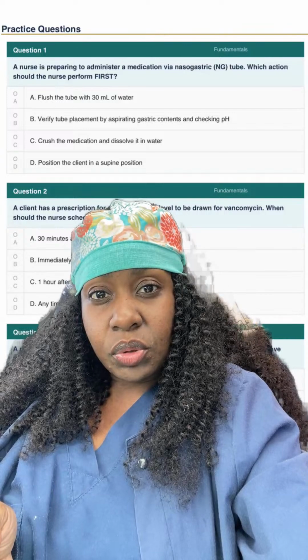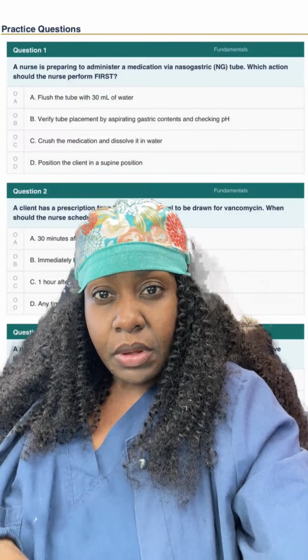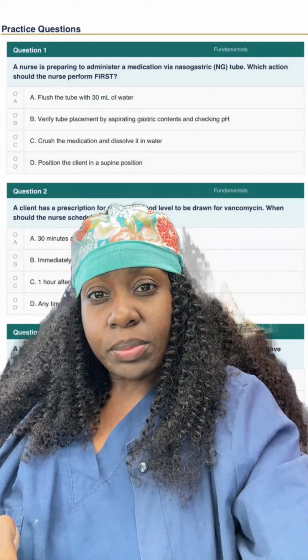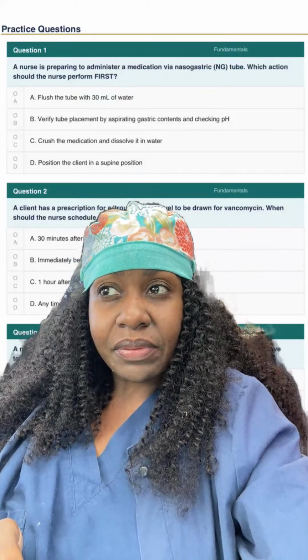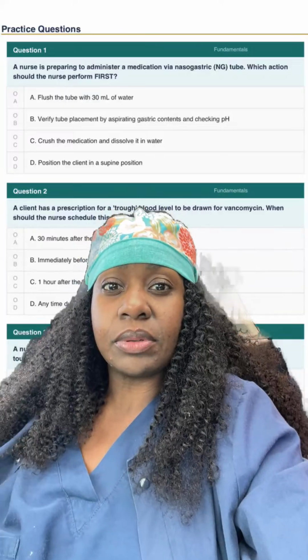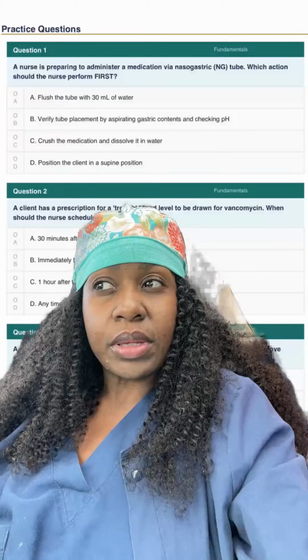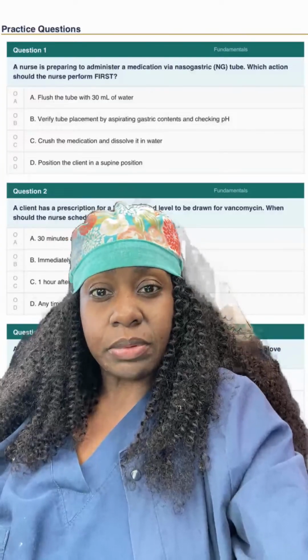You put the NG tube in. Initially, when you put an NG tube in, we do an X-ray first before we do anything.